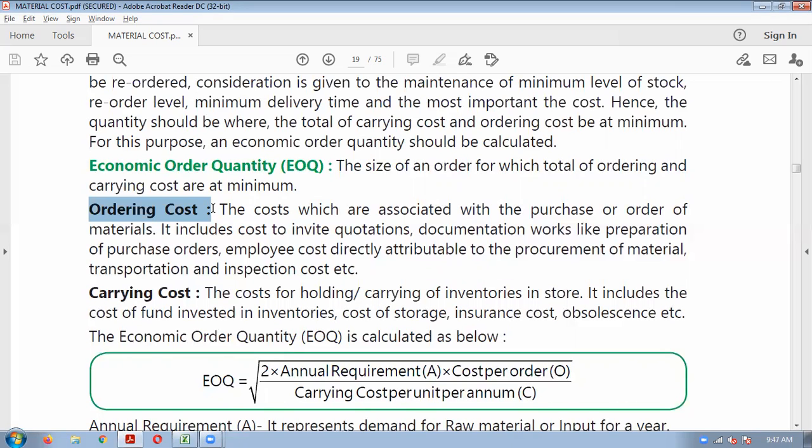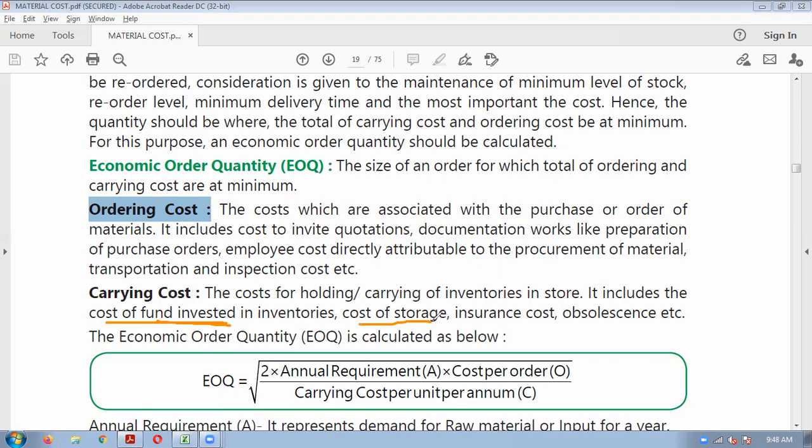The other is carrying cost, like interest. If your funds are invested in the material, your cash is blocked in that. If you have taken a working capital loan, you will have to directly incur the interest cost. Or if you use your own funds, you will be losing your interest. If you would have invested that in a bank, you would have got interest. That is called opportunity cost, and that cost will be carrying cost.